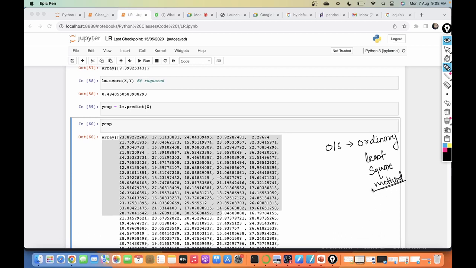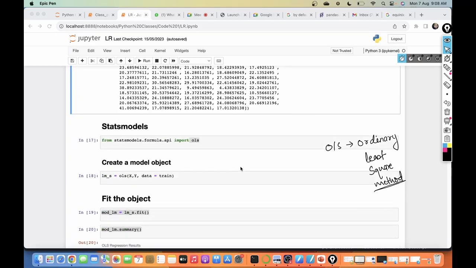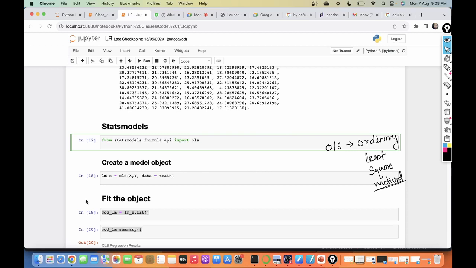So now we will find all these values with a statistical library known as Statsmodel. We'll take the same thing, so we'll find the same values with the Statsmodel also.